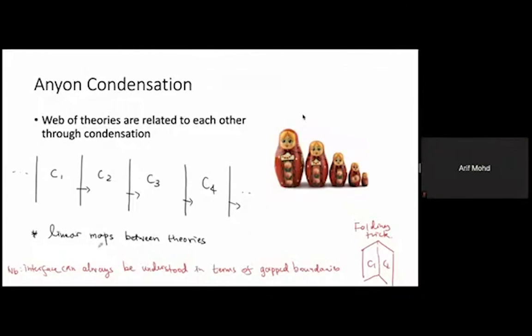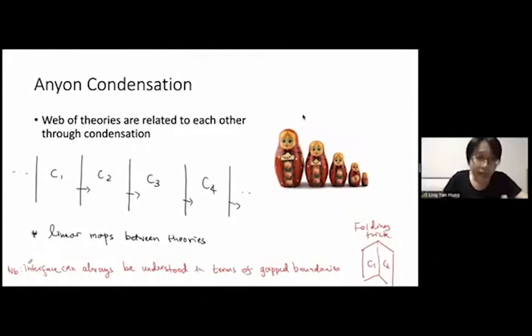So let me also note that anyon condensation, we talked about interface, but in the special case where C1 is some non-trivial phase and C2 is trivial, it only has one sector, the trivial sector, and no other sector at all, then this interface is really a boundary. Rather than calling it an interface between two categories, it really is just a boundary.